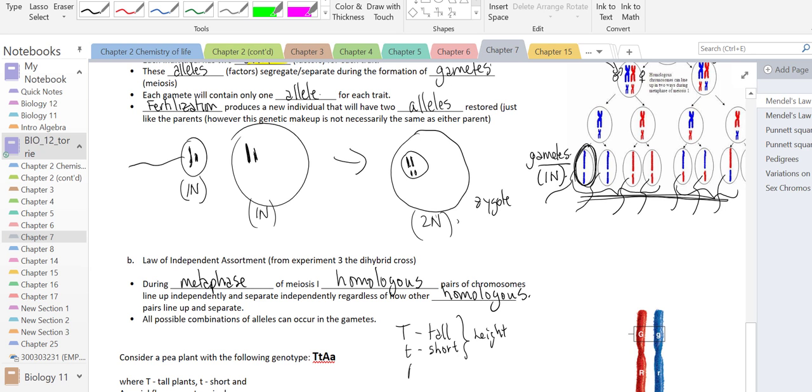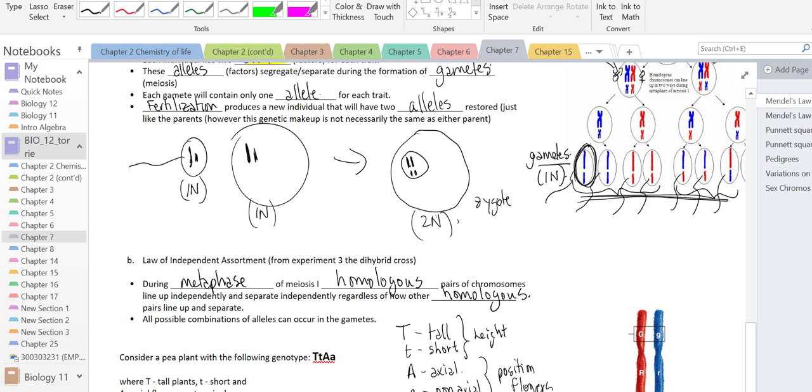And let's say A is for axial, in which flowers are present in the axial position. You'll have to recall the video in which that was one of the characteristics of his pea plants, and lowercase a is non-axial, or terminal position of the flowers.